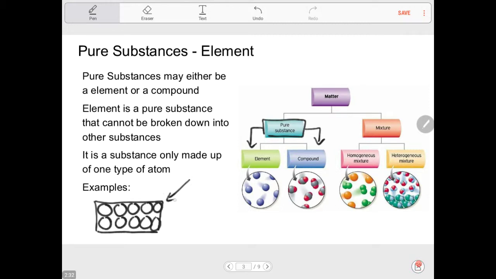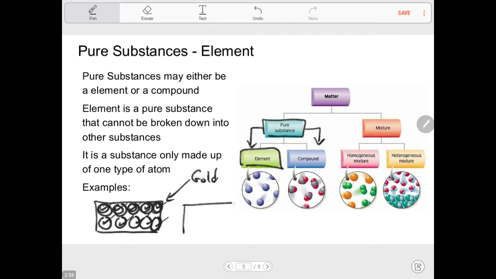For example, every atom in this case is gold. Furthermore, you can't break down an atom. An atom is the smallest thing that we have. We cannot break it down any further. So this would be a pure substance in the element category because every atom is the exact same.